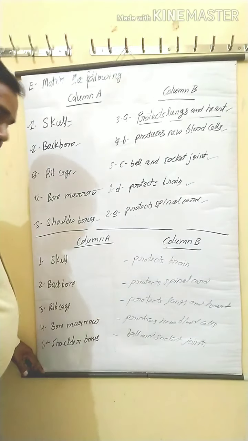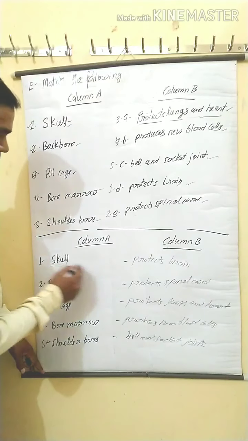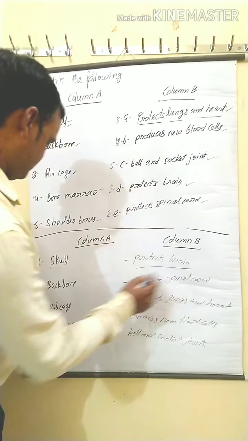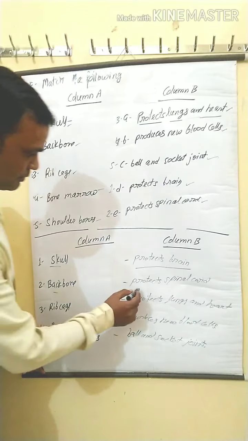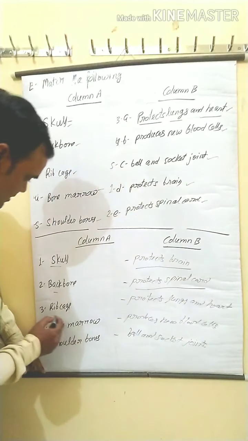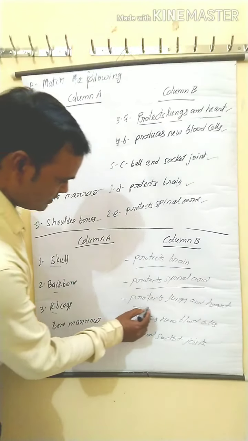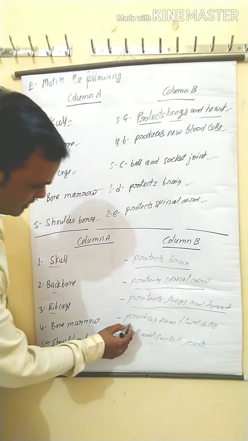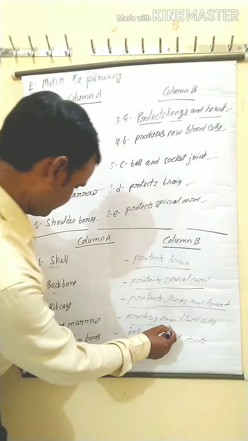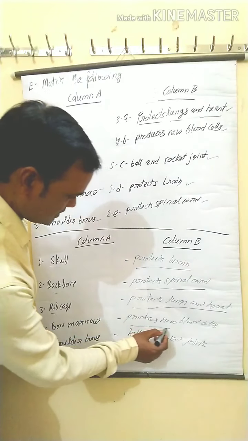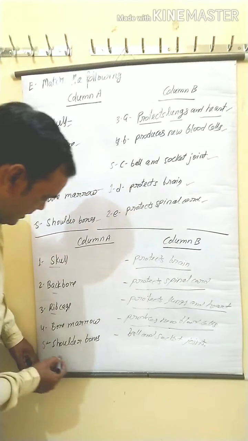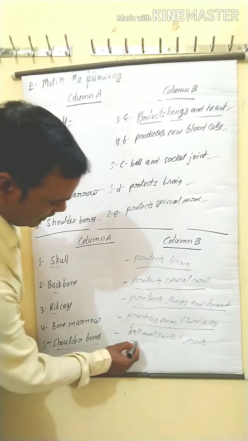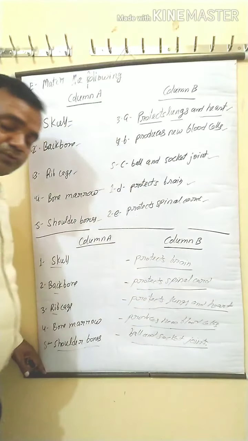So here I repeat again: skull protects brain, backbone protects spinal cord, rib cage protects lungs and heart, bone marrow produces new blood cells, and the shoulder bones, ball and socket joints.